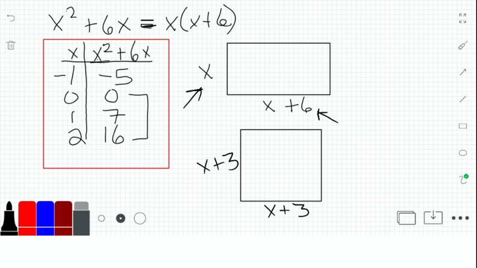For example, over here on the left side, let's let x equal 5. If I plug in 5, my area would be 5 times 5 plus 6, which is 11, so my area would be 55 square units. Whereas down here on the bottom, if I plug in 5, I'd have 5 plus 3 times 5 plus 3, which is 64 square units.